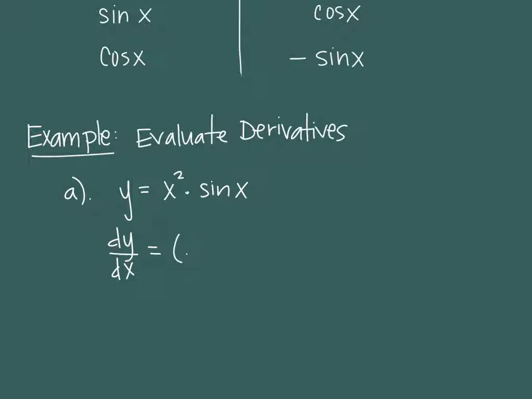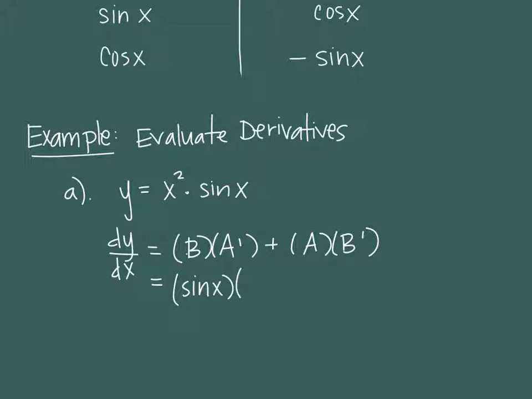And so we're going to do b a prime plus a b prime. So the b is sine of x. The a prime is 2x. Plus the a is the first part, that's x squared.